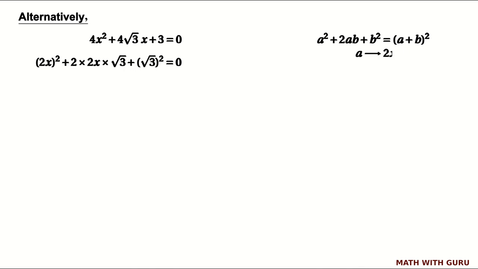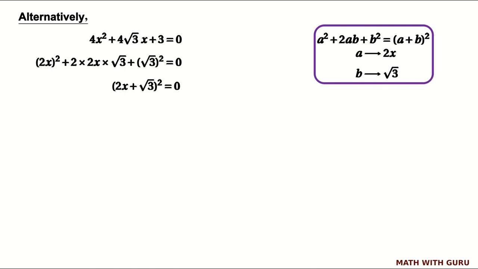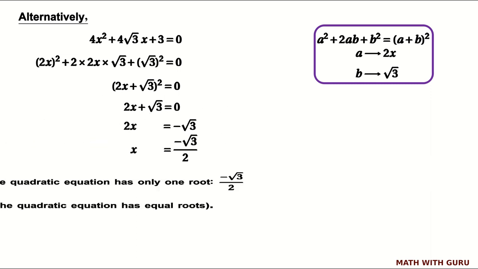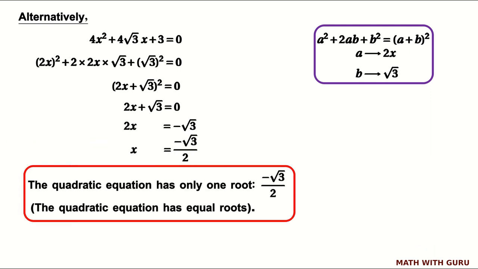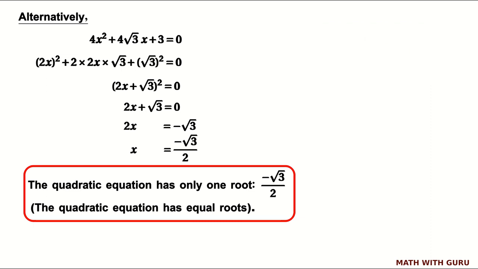Here a is 2x, b is root 3. Therefore, this can be factorized as (2x plus root 3) whole squared equals 0, 2x plus root 3 equals 0, 2x equals minus root 3, x equals minus root 3 divided by 2. The quadratic equation has one root, minus root 3 by 2, or we can say that the equation has equal roots.